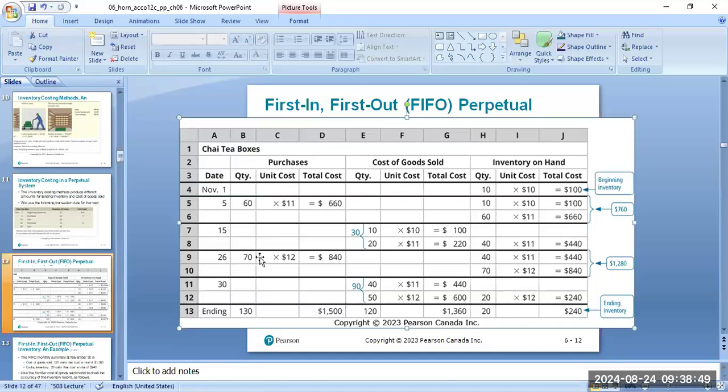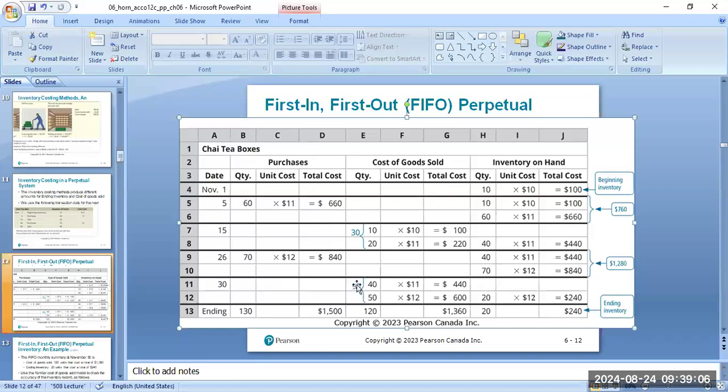Then I'm purchasing new units, 70 units at $12, that's $840. And in my inventory, I'm going to have 40 units at $11 plus 70 units at $12.